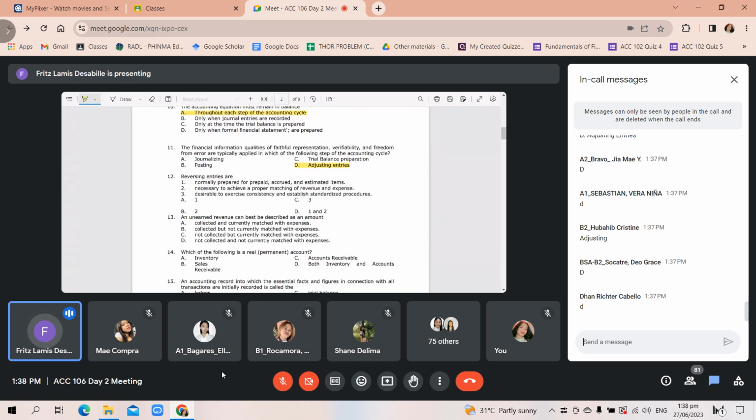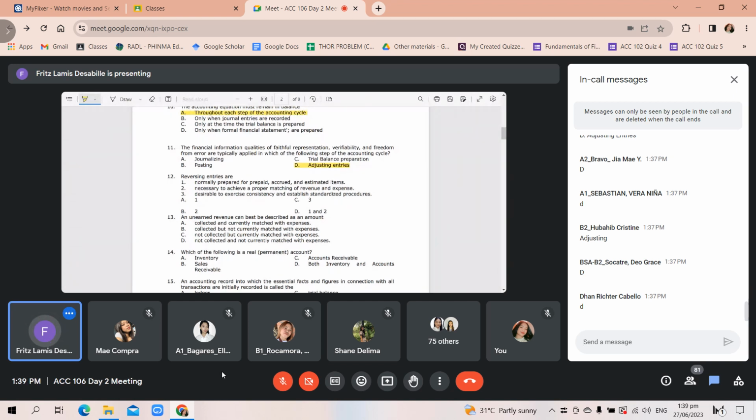Kailangan nimo og adjusting entries to record the depreciation and ang purpose of recording of depreciation so that you can present your property, plant, and equipment at its depreciated amount. Similarly, for your accruals and deferrals, you do the adjusting entries to present it correctly. As ang expense na portion, as ang asset na portion, or ang liability na portion.